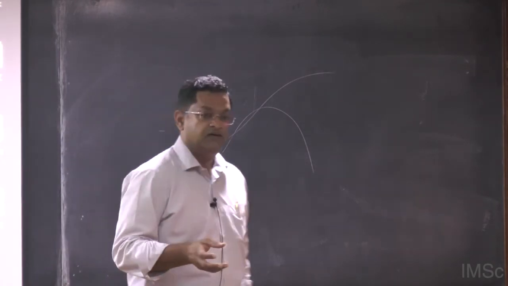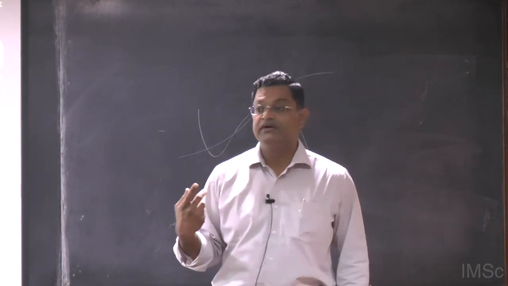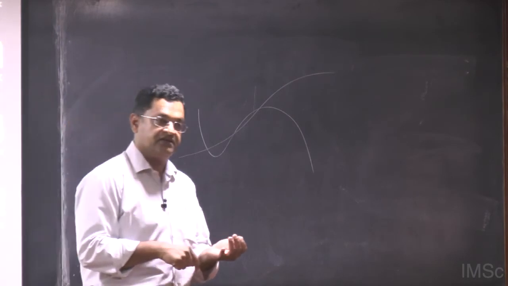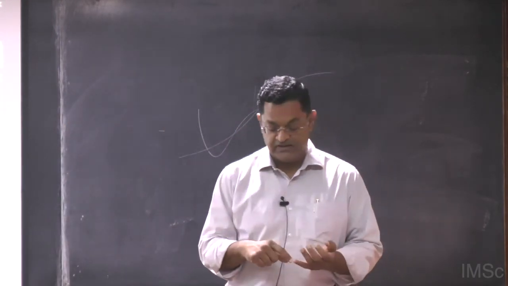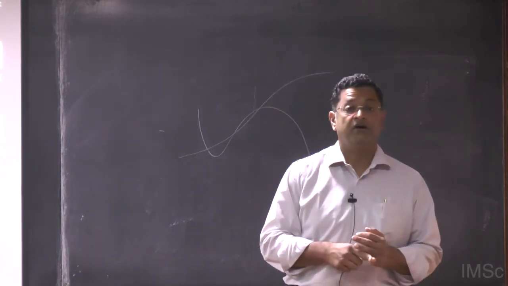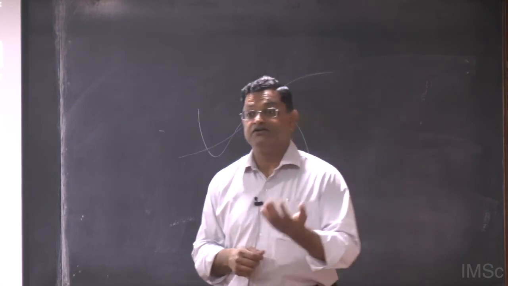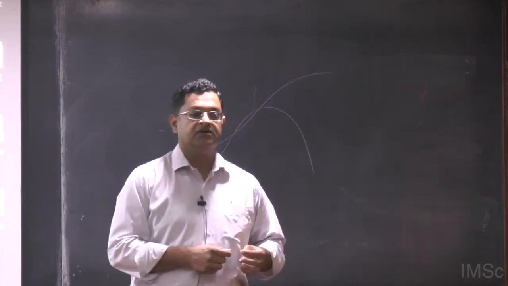This is an idea that is often used for making models as well. For those of you who are interested in building models, there are three aspects of modeling that typically form the modeling lifestyle, the mathematical biology lifestyle. One is you make a mathematical model based on some data or some experiment that you would like to explain, some biological process that you would like to explain. So that's the model construction bit.